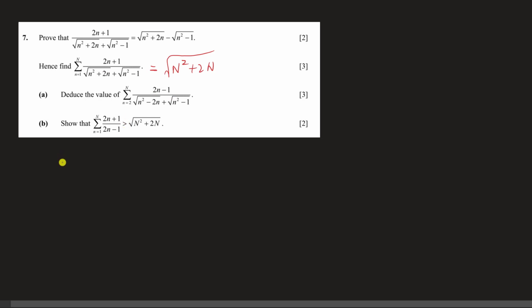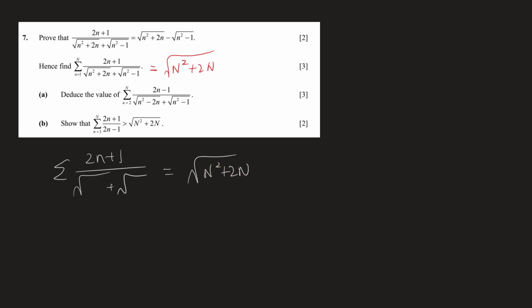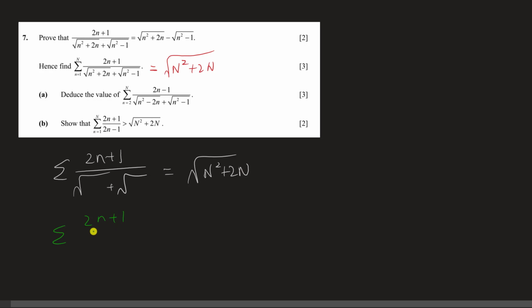Since we know that the summation of 2n plus 1 over this square root gives us root n squared plus 2n, let's contrast this with part B, this expression, root 2n plus 1 over 2n minus 1. The only difference is the denominator here versus this pink one.